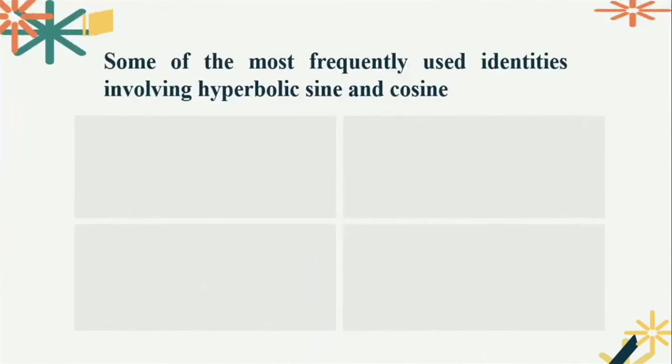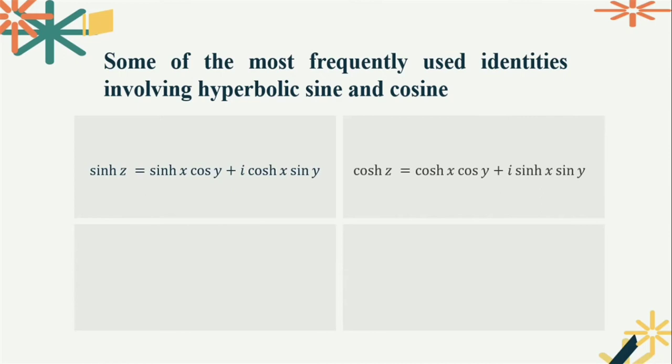And then in here, sinh z is equal to sinh x cos y plus i cosh x times sin y. And for cosh z is equal to cosh x times cos y plus i sinh x sin y.